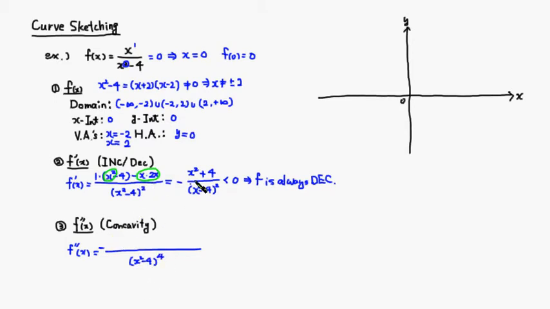And the derivative of the top is 2x, so 2x times the bottom, which is x squared minus 4 quantity squared, minus top guy, quantity x squared plus 4, times derivative of the bottom.